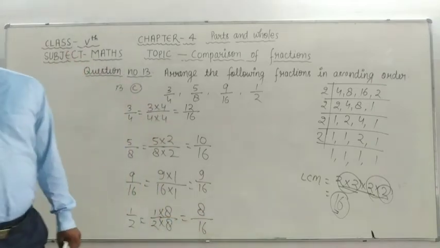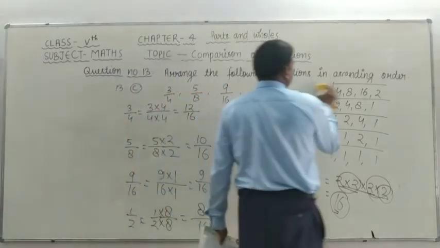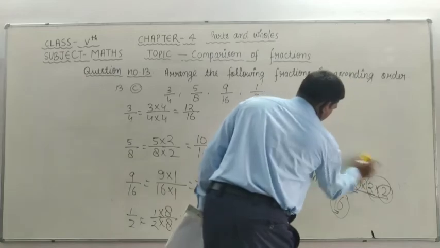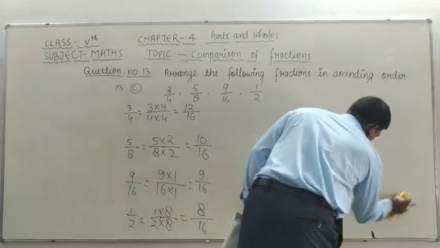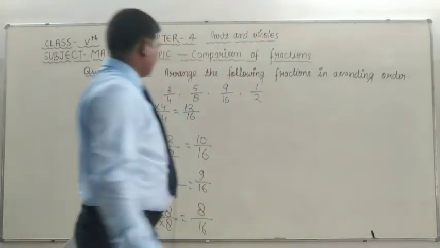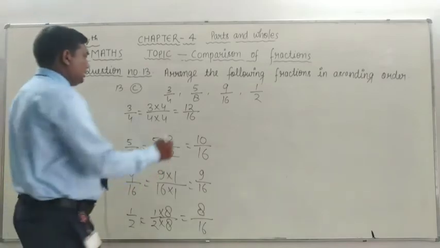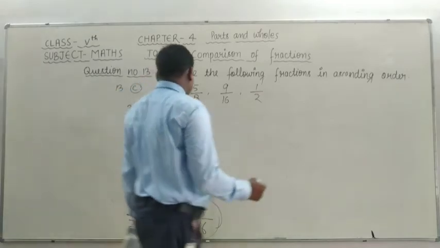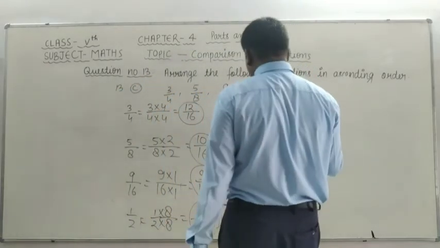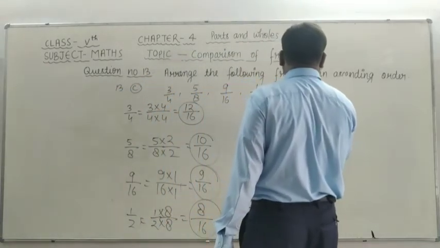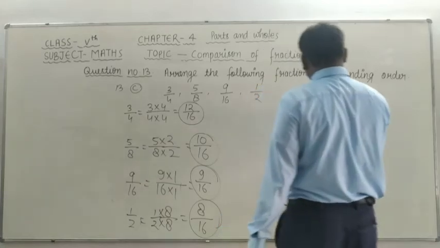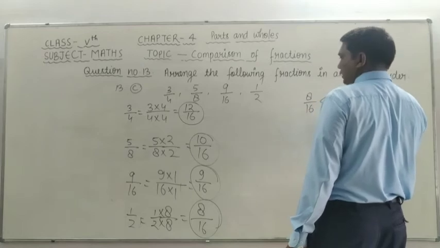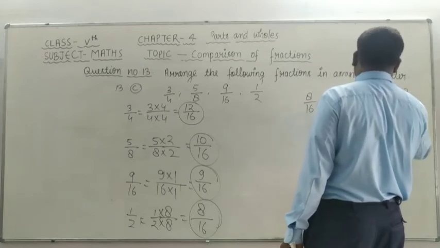Then the ascending order of this is 8 over 16 is less than 9 over 16 is less than 10 over 16 is less than 12 over 16.